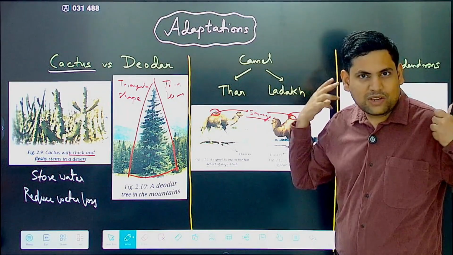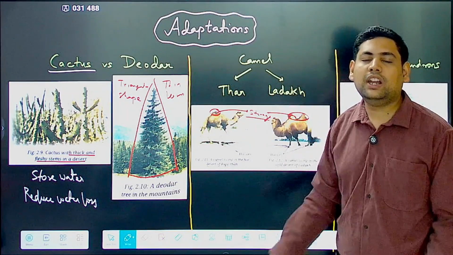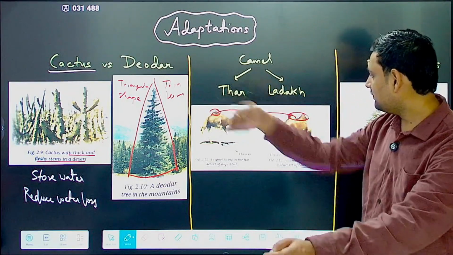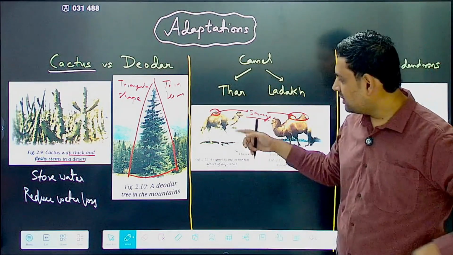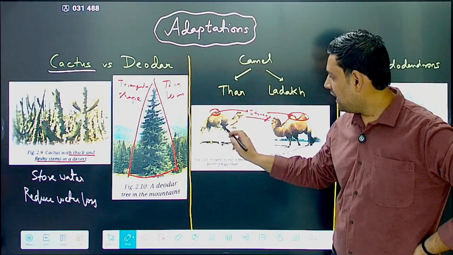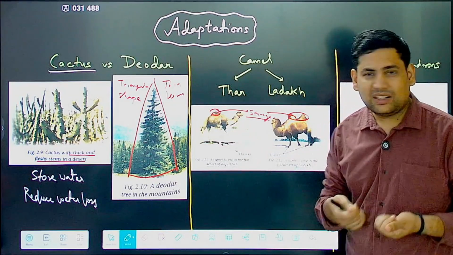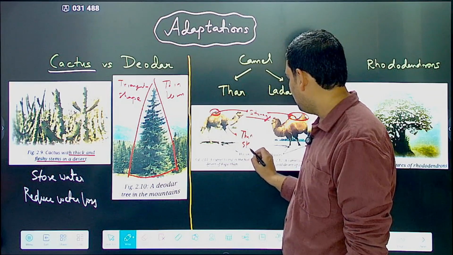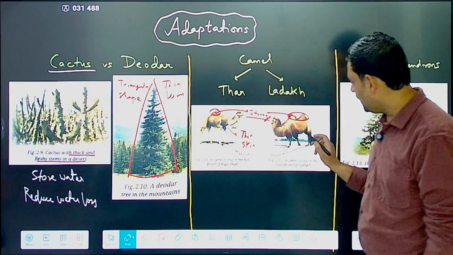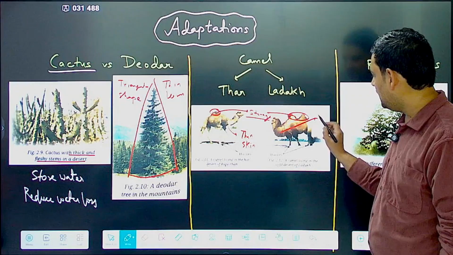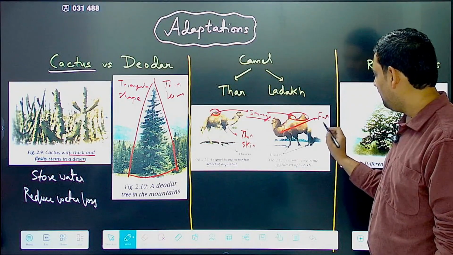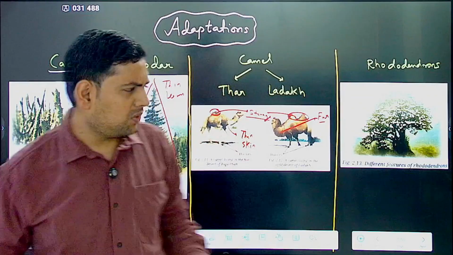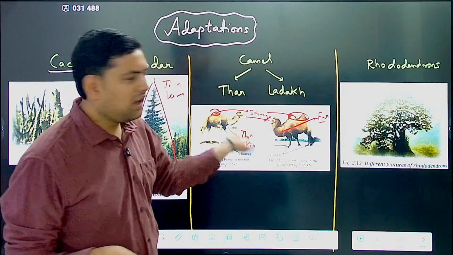Why? Because whatever fat was stored, it used to get energy and to survive. Correct? And one more thing you can see, because the Thar camel is living in the desert, its skin is very thin. While if you look here, you can see the Ladakh camel has a lot of fur. Why? Because it has to survive in the cold. Correct? So these are the adaptations.